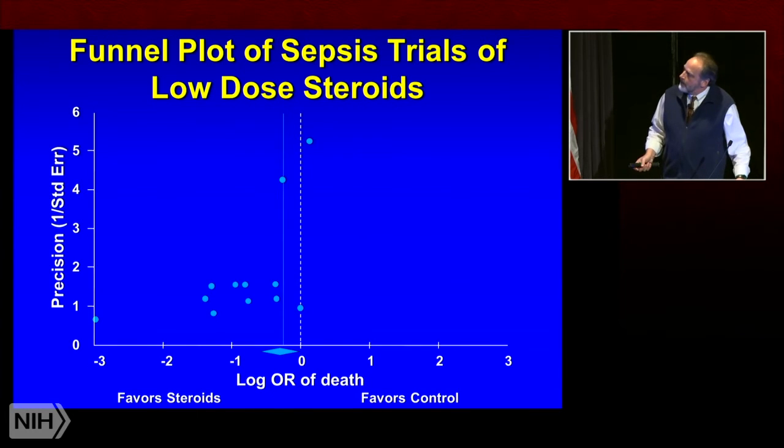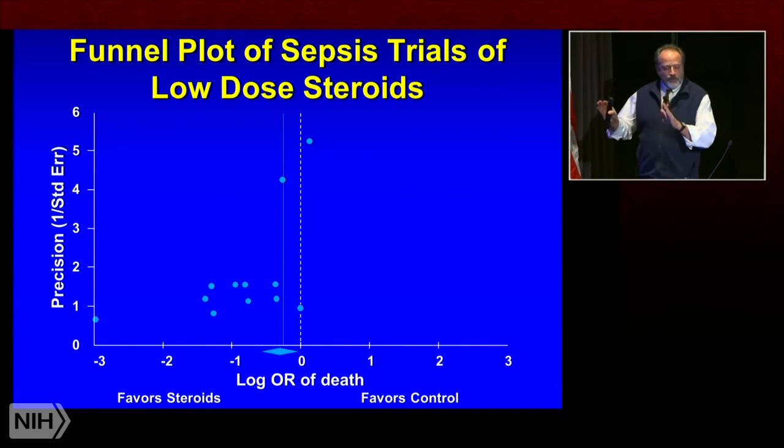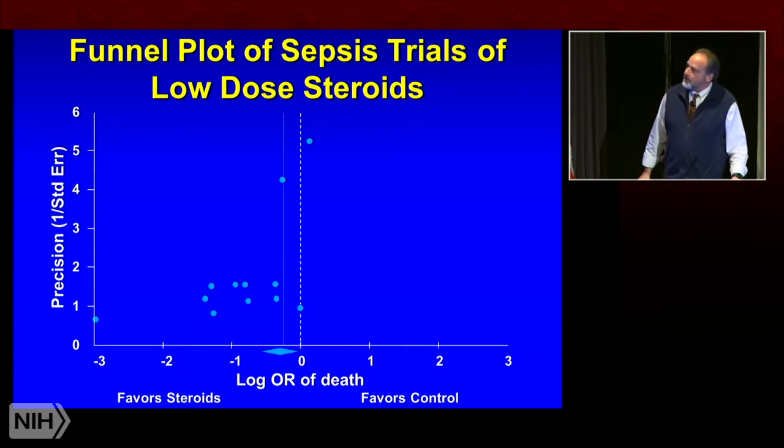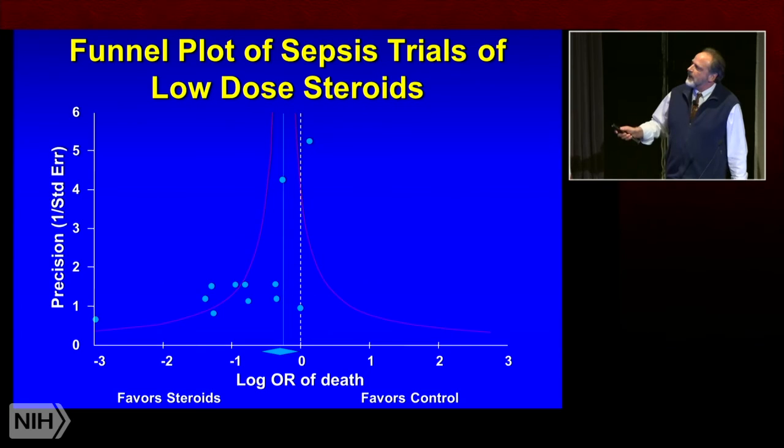And when you look at it here, what you find is there's a bunch of small studies that are way over here. Now, these are the studies that are 40 or 50 patients, and this is what's driving the beneficial effect. And you can actually plot, and this is why it's called a funnel plot, where you'd expect studies based on the treatment effect to reside, and that's what this red line shows.